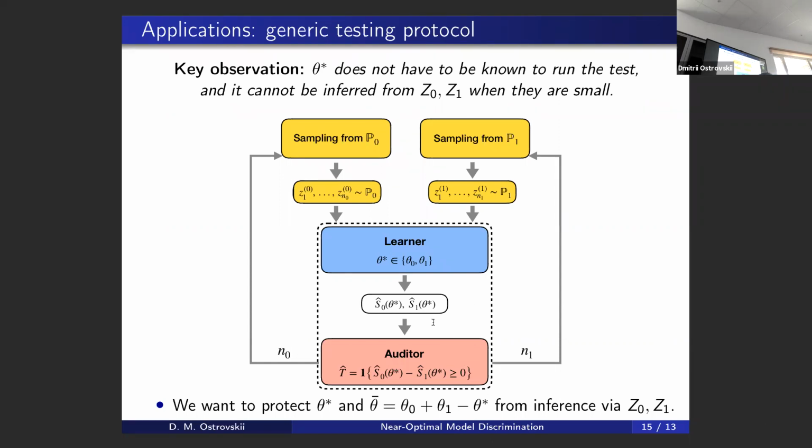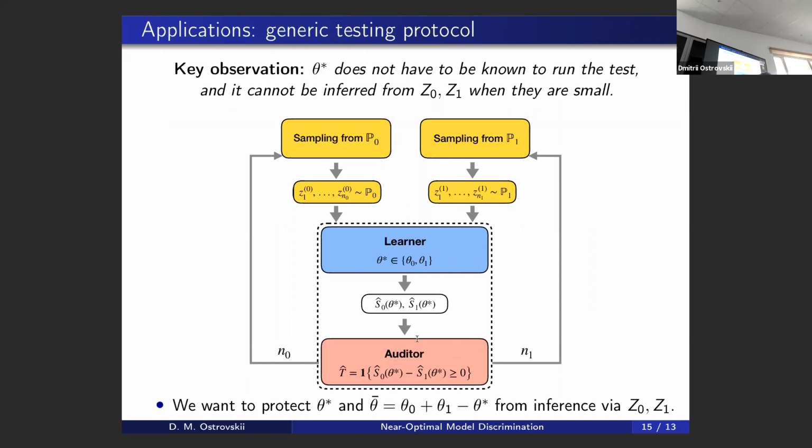So the point is that we can exploit the sample complexity property, the non-disclosure property, that says that the sample complexity of testing was way smaller than the sample complexity of recovery to guarantee some non-recovery properties.